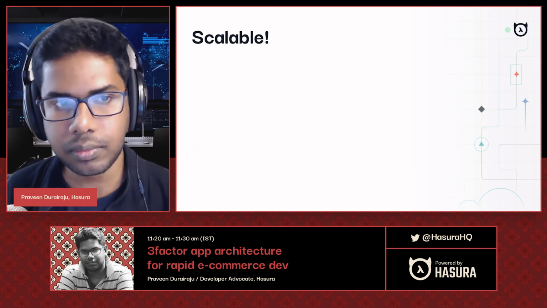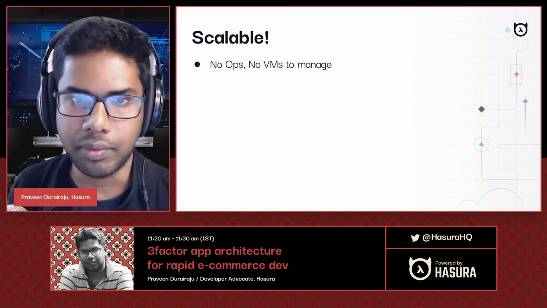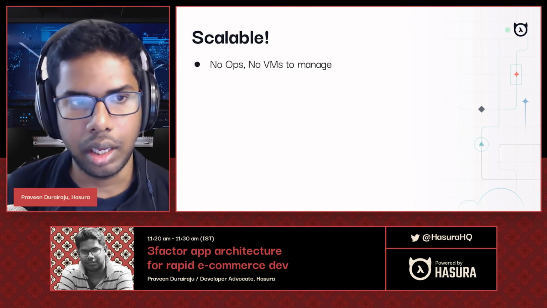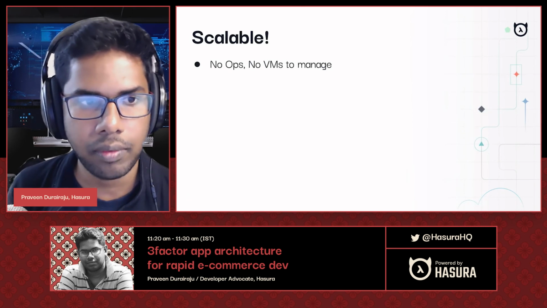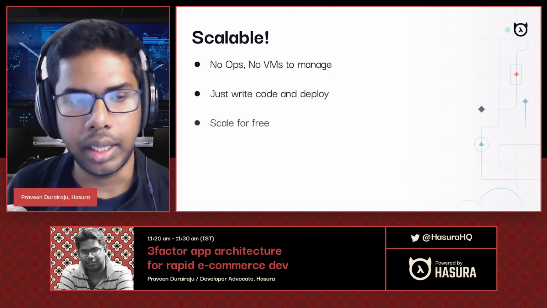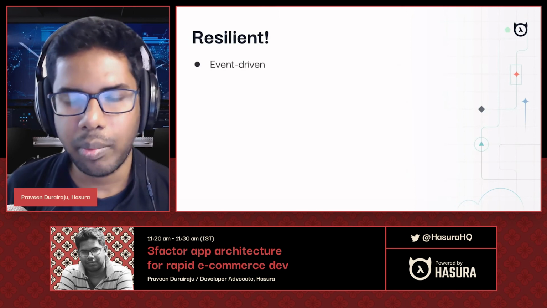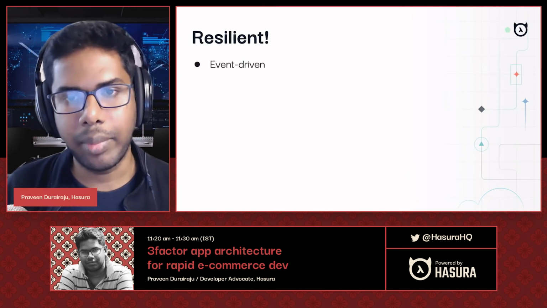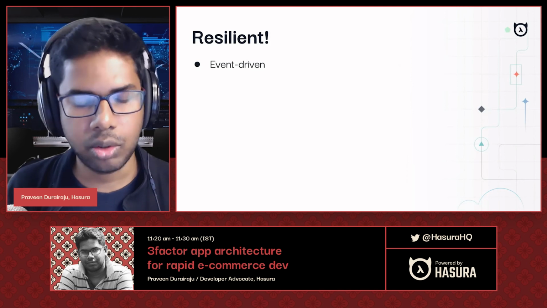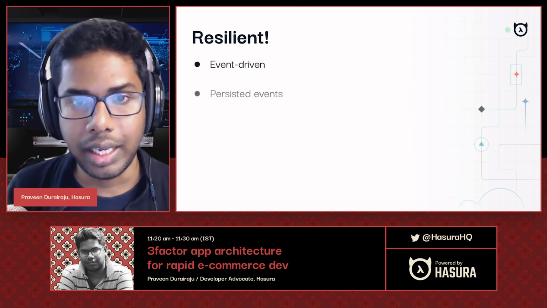So let's revisit the problems again now. With serverless event-driven architecture, the problem of scalability is solved. No ops to manage, no VMs to manage. Just write code and deploy, and then scale for free, unlimited, right? Resilient. Now, incoming requests that come into your application are event-driven. Events are going to trigger a series of functions to execute. Events are also persisted.